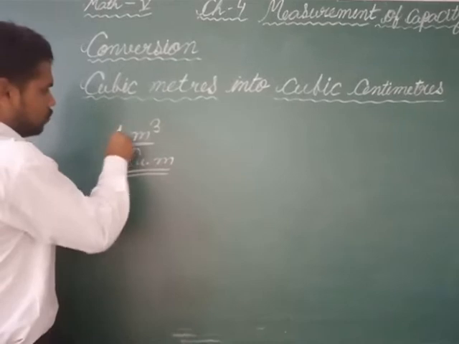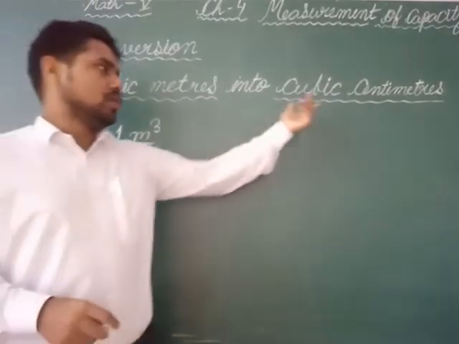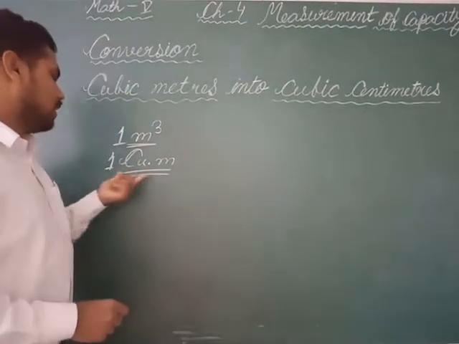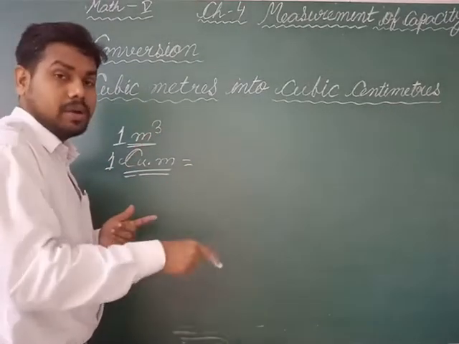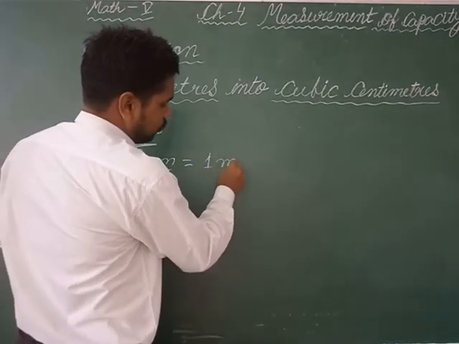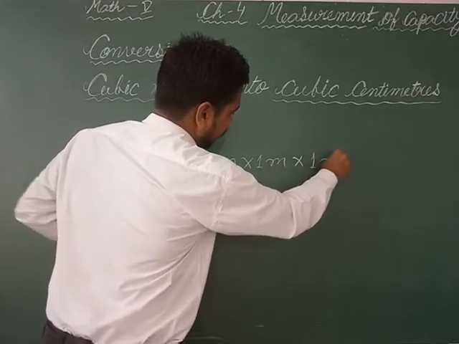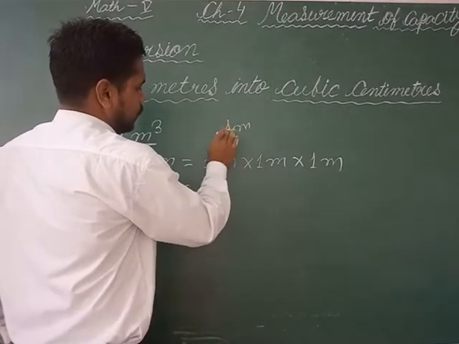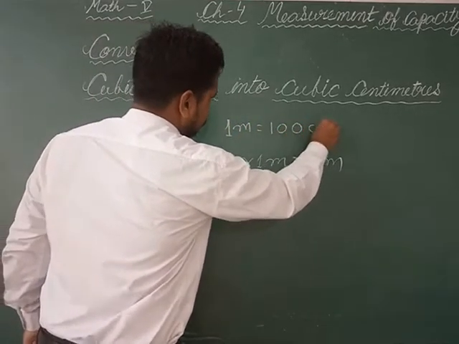So suppose 1 cubic meter is there, or 1 meter cube, and you want to convert this into cubic centimeter. How can you convert? We know 1 cubic meter means 1 meter to the power 3, means 1 meter into 1 meter into 1 meter, right? And now we know 1 meter is equal to 100 centimeter.